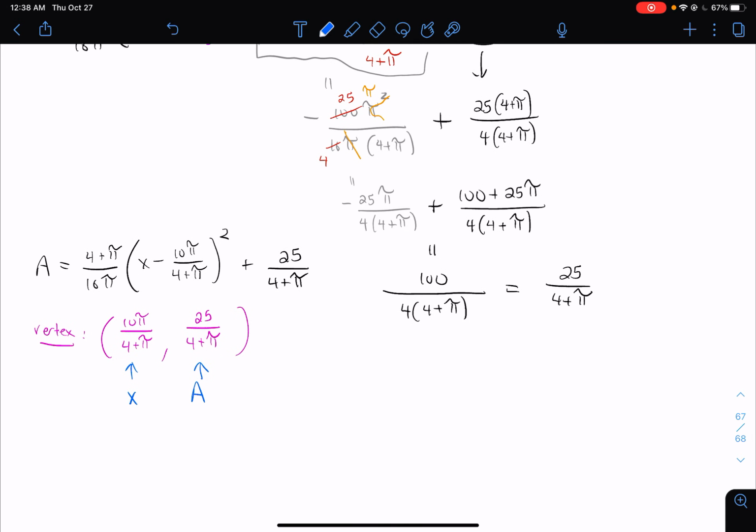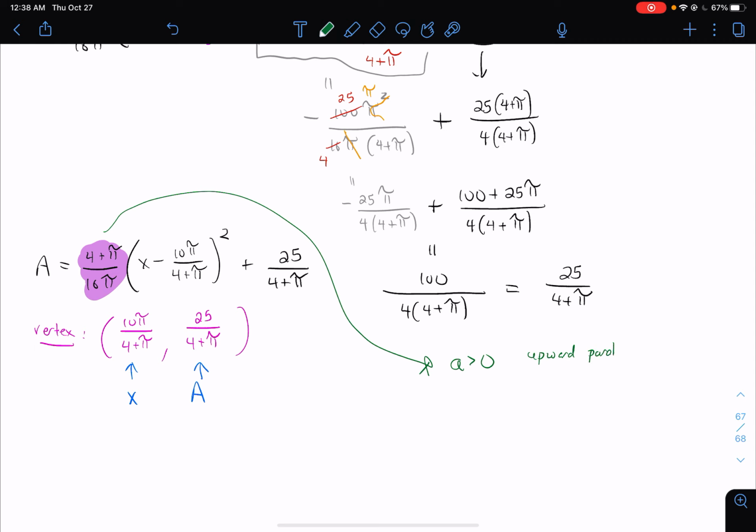So let's check our parabola. Here's the leading coefficient, which we call A. A is a positive number, and if that's positive, we have an upward facing parabola.